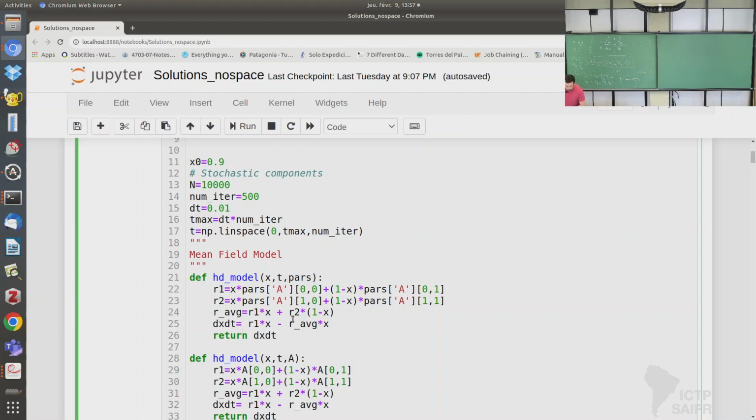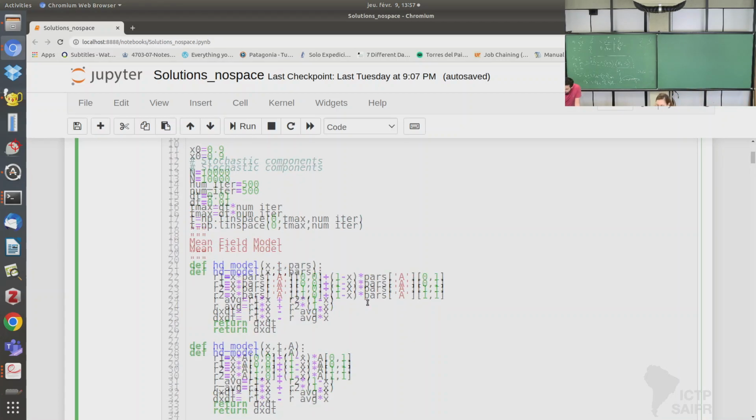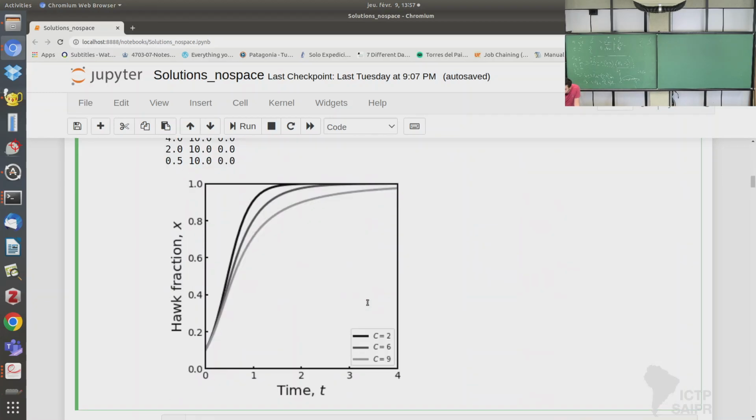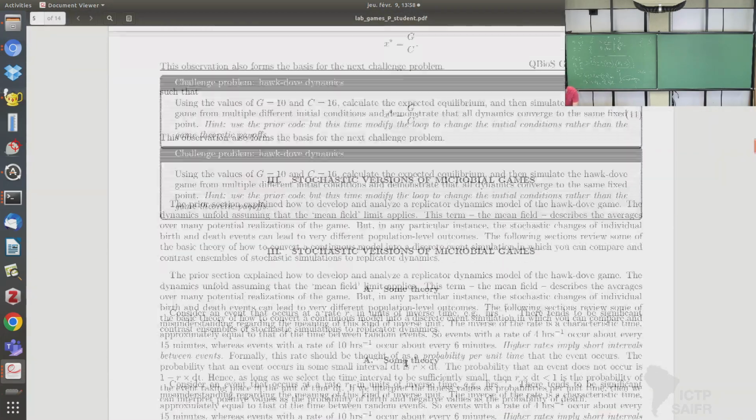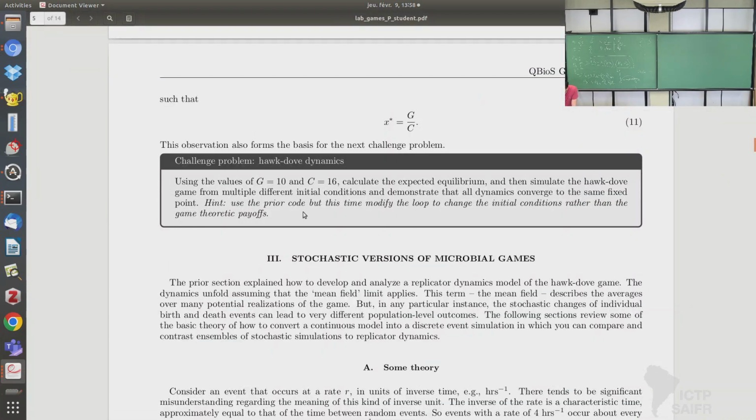Okay, so I hope you get more or less the idea. If you want, you can continue. Problem 2 basically tells you to redo essentially the same thing with the other value for C, which is now bigger than G, to check that no matter the initial condition, when C is bigger than G, you get to a fixed point that is mixed.